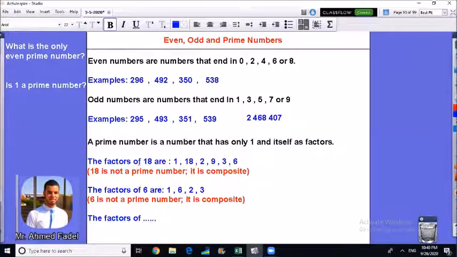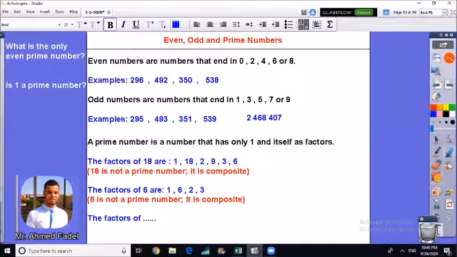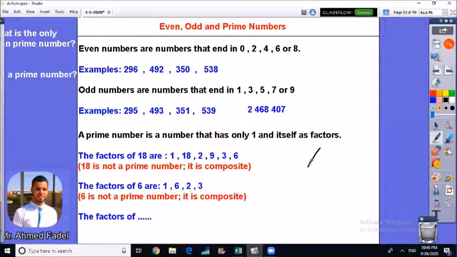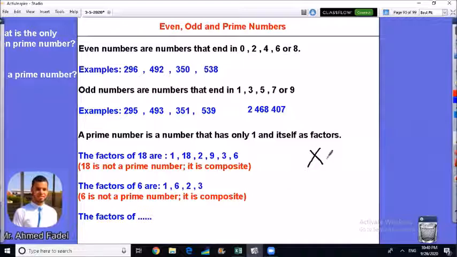The factors of 18, for example, are the numbers that if you multiply by each other, this is not a cross, it's multiplication, okay? So what are the numbers that if you multiply by each other will give you 18?